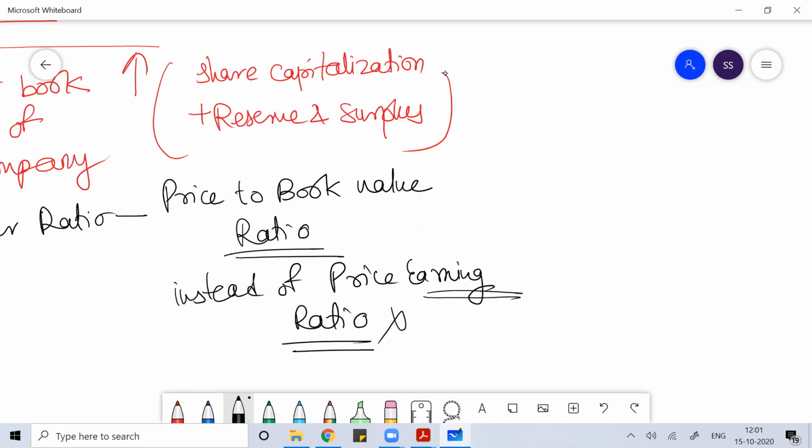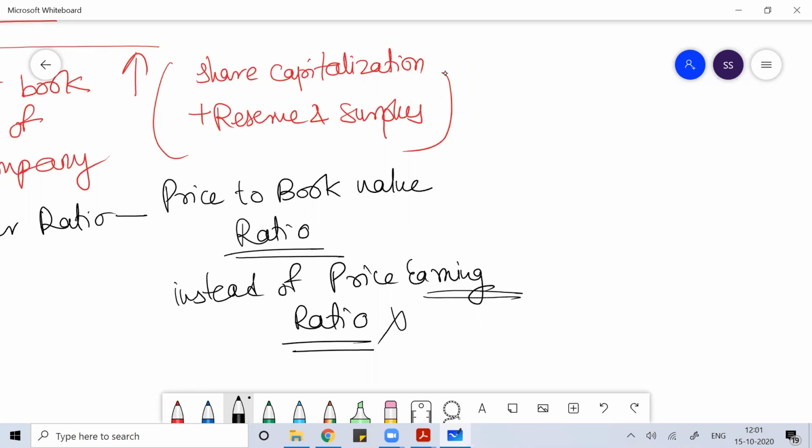Depreciation and amortization are non-cash expenses. You can follow any method of depreciation, and by that you can do a lot of accounting mismanagement. Thereby you can change the depreciation and amortization, and thereby you can change the profit of the company.